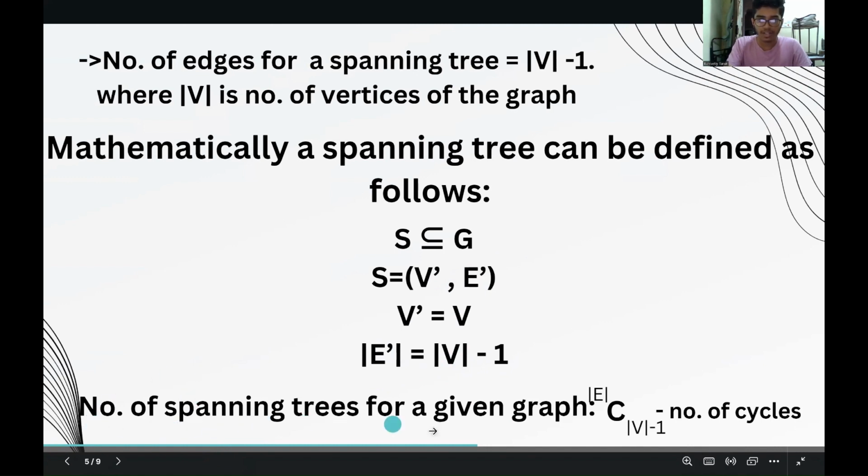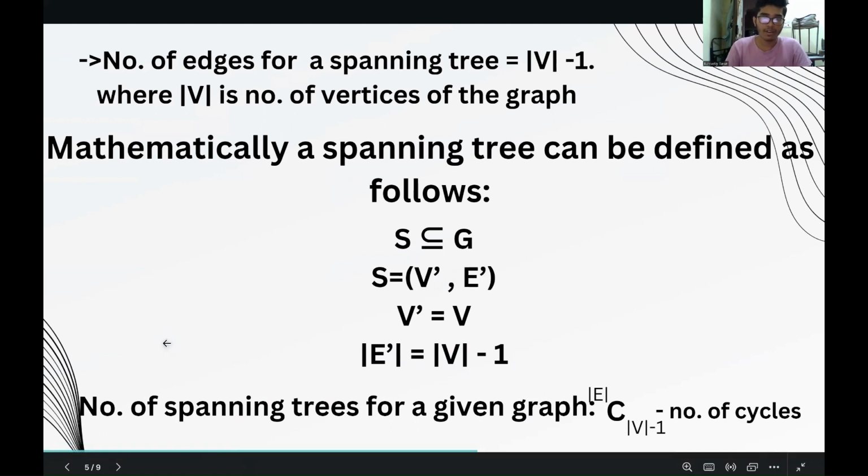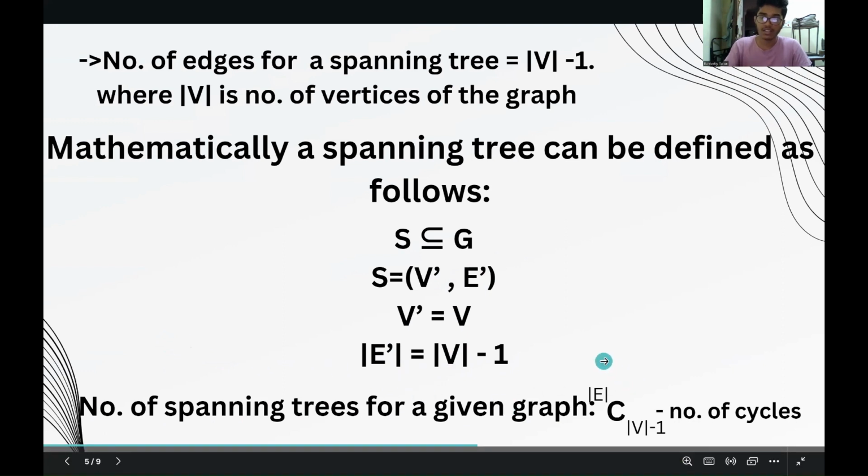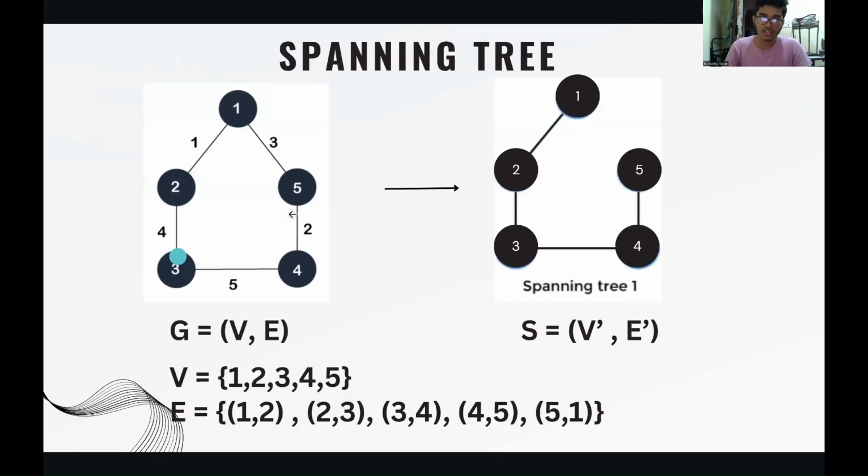Number of spanning trees for a given graph. To know how many spanning trees can be formed for a given graph, we have a formula which goes like this: mod E C mod V minus 1, minus the number of cycles. Let us apply this formula for this graph.